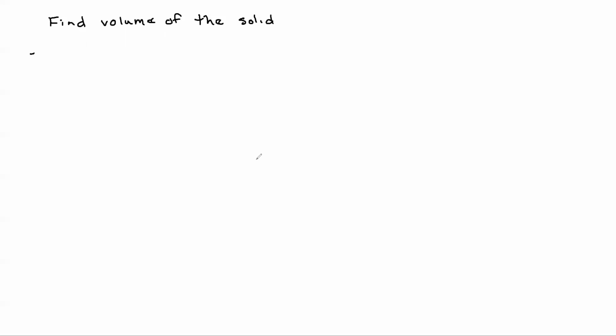If you're asked to find the volume of the solid and you're just given a description of the solid, then at minimum you need to sketch the base of the solid.